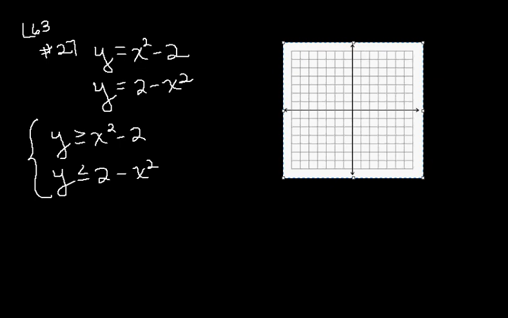Okay, this is a parabola. So we have the y-intercept. If you think about it, y equals x squared is a parabola with the vertex at 0, 0. So when it's negative 2, our vertex is going to move down 2. So we have a vertex right here, negative 2.